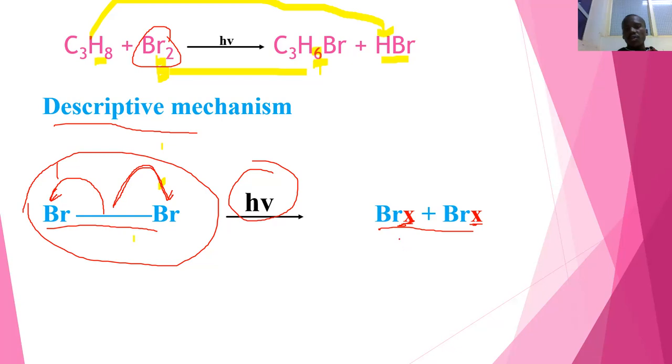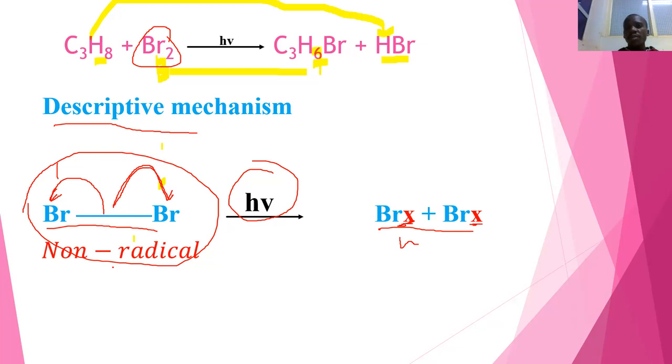So this is now what we call the radical. The radicals are more reactive. So this non-radical breaks up, and we call it cleavage: the bond that holds them together is now broken to form what we call free radical bromine atoms.